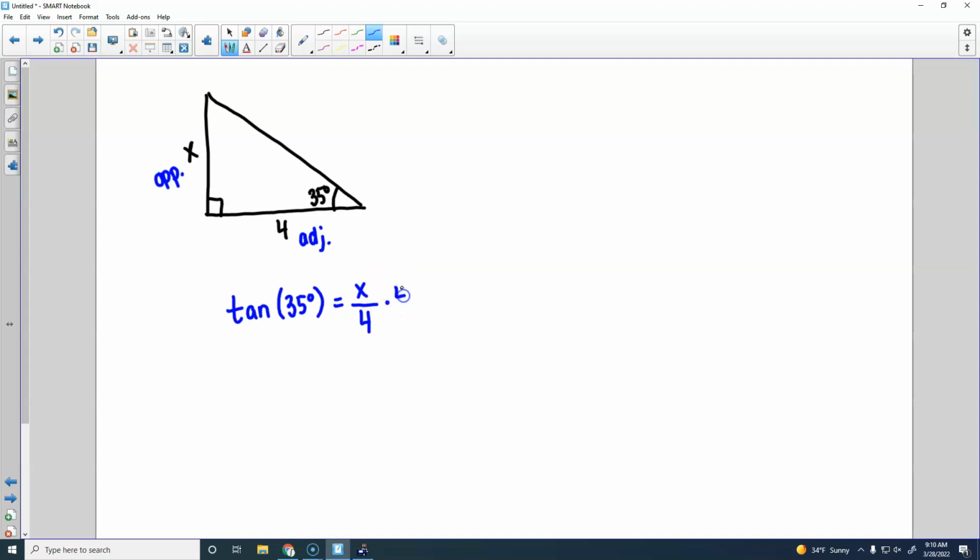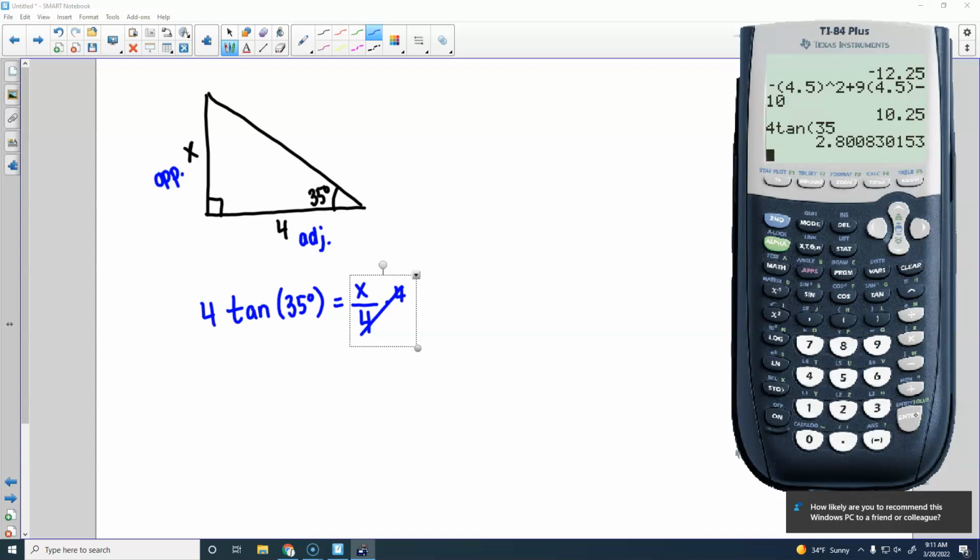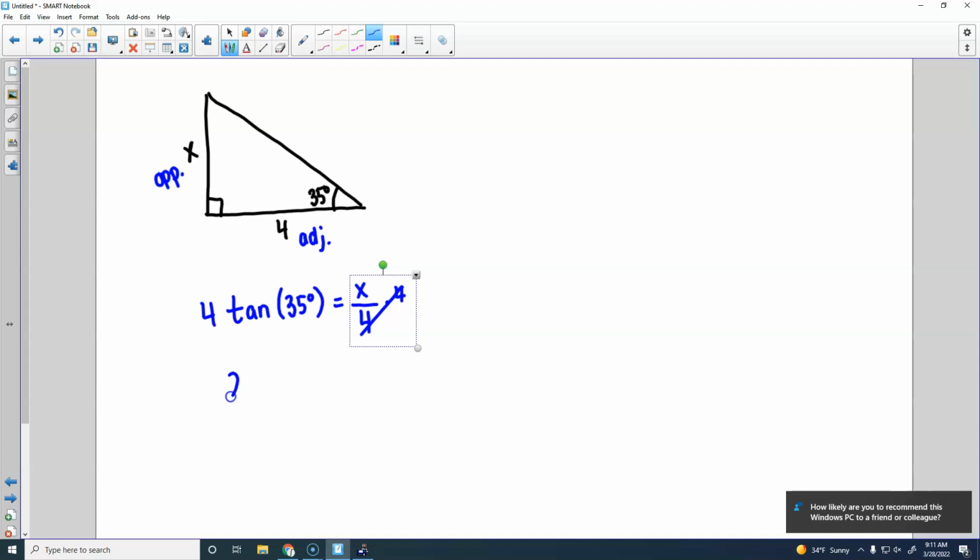We just need to multiply both sides by 4 to get rid of that 4, and we will type 4 tangent 35 into the calculator, and we'll get 2.801. Unless I tell you otherwise, keep 3 decimal places on your answers for me, so that opposite side would be 2.801.